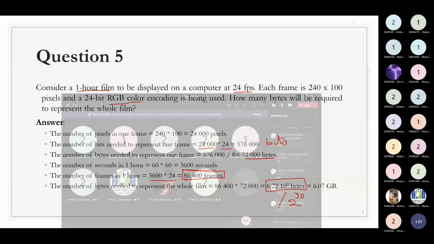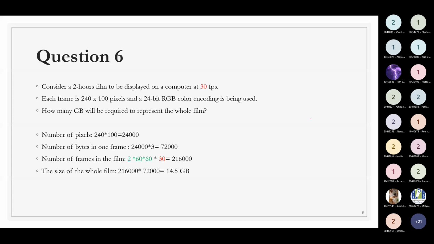Move now to question number 6. Consider a 2 hours film to be displayed on a computer at 30 frames per second. This is the size of each frame, and each pixel uses 24-bit RGB color. How many gigabytes will be required to represent the whole film?